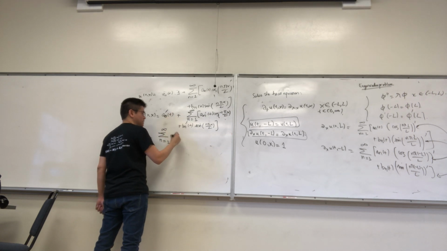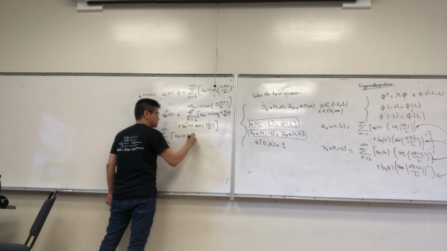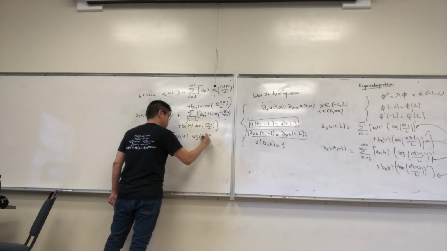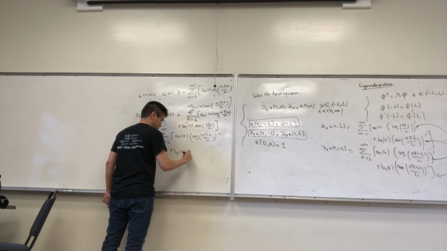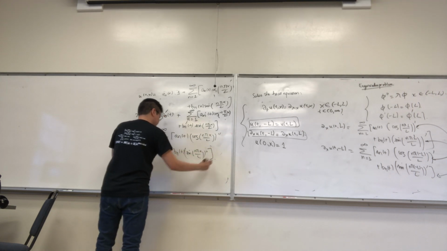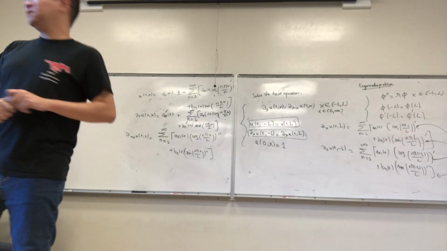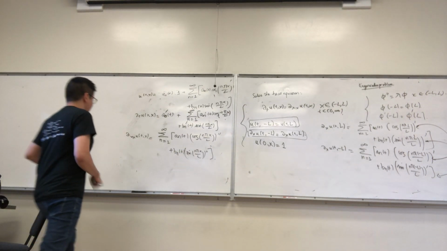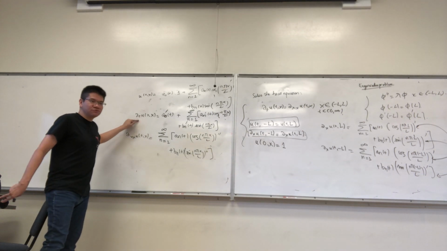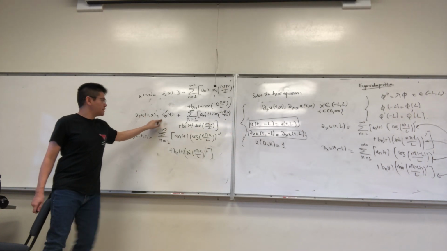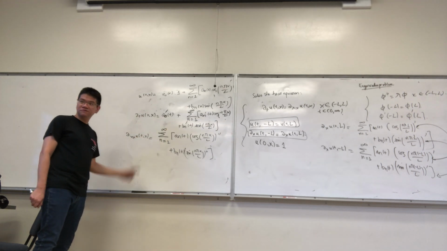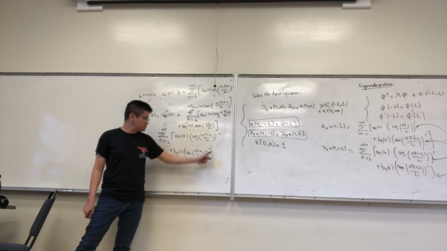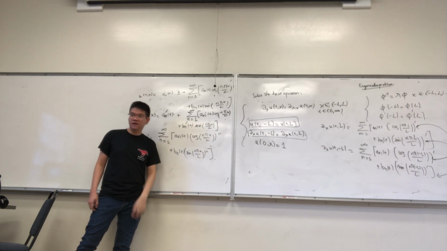The first one will disappear. So we have cosine of n pi x over L plus bn(t) sine of n pi x over L, double prime. So first I take the derivative in t of u by taking the derivative of all of the coefficients, and I take the second derivative in x of u by taking the second derivative in x of all of the functions.